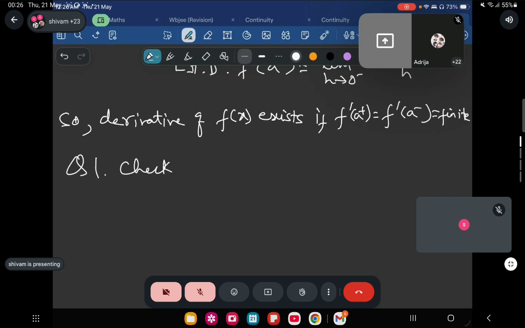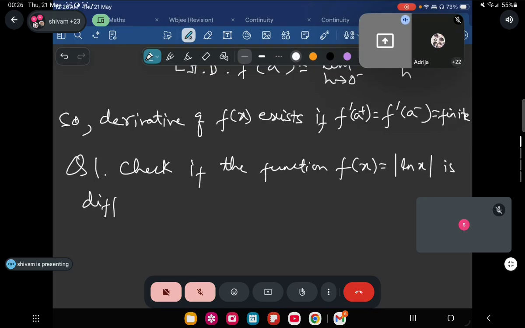Check if the function f of x equal to mod ln x is differentiable at x equal to 1 or not. Check, everyone. This is the last one. You have to just tell me whether it is differentiable or not.